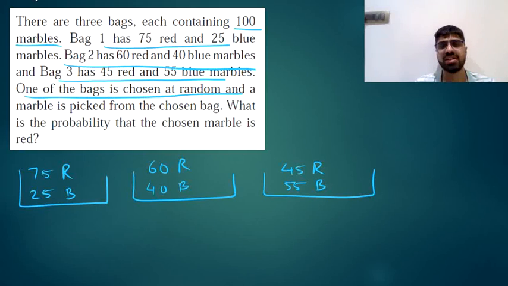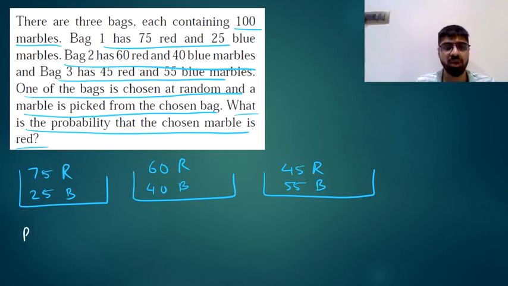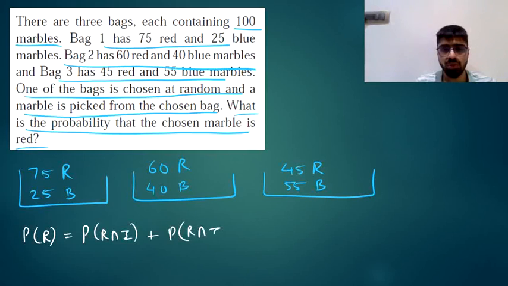One of the bags has been selected at random and a marble is chosen from the bag. Find the probability that the marble is a red marble. So you're finding the probability of a red marble to be selected. You can have that red marble with either box 1, or with box 2, or with box 3.